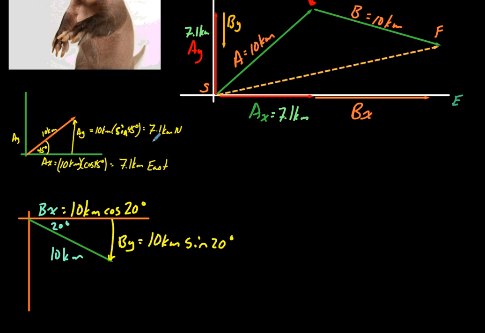It didn't matter because of the angle, but it would have mattered if it was anything else but 45 degrees. So that should have been sine. It's just a typo on my part. So solving for these, BX, you get another 9.4 kilometers to the east. Okay, and BY gives you 3.4 kilometers to the south.